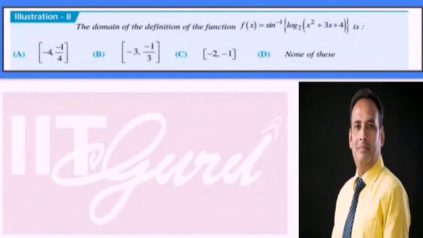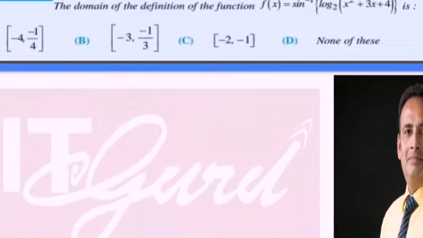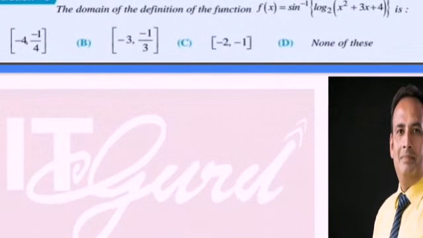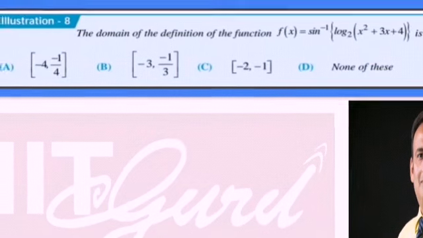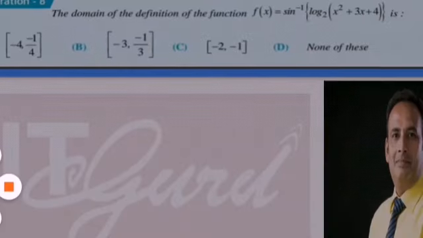Now let's see the domain of definition for the function sine inverse of log of x square plus 3x plus 4 to the base 2. How to find it? Pause the video and try this.